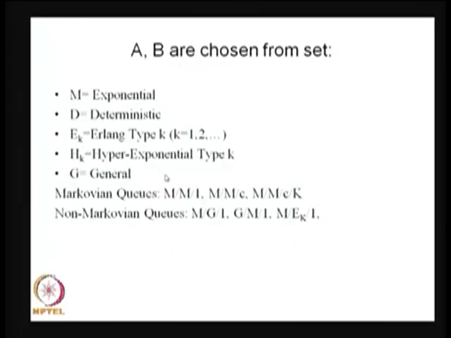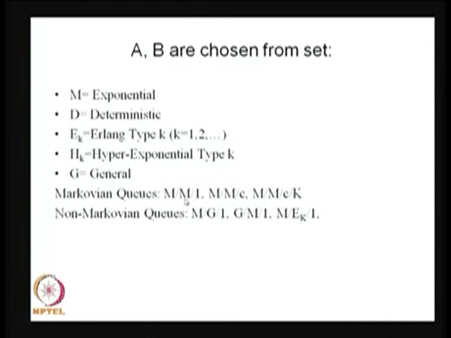So we write only the first four pieces of information: the inter-arrival time distribution, the service time distribution, the number of servers, and the capacity of the system.